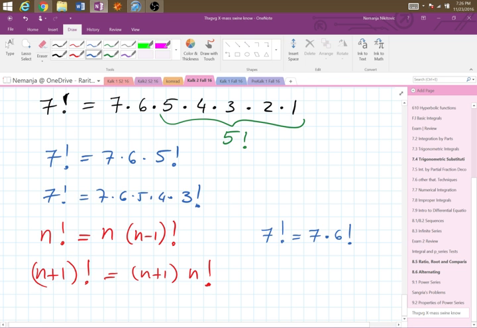Because if n is 7, replace each n with 7, and your 7 minus 1 is 6. It works, right? And you see that it works because this 6 factorial will contain all of the numbers from 1 to 6, and then here's the 7. 1 through 6 times 7 is 7 factorial. So it works.